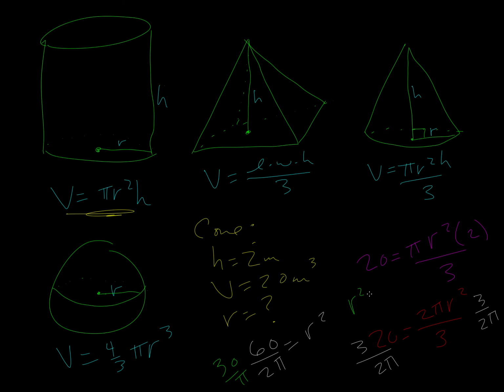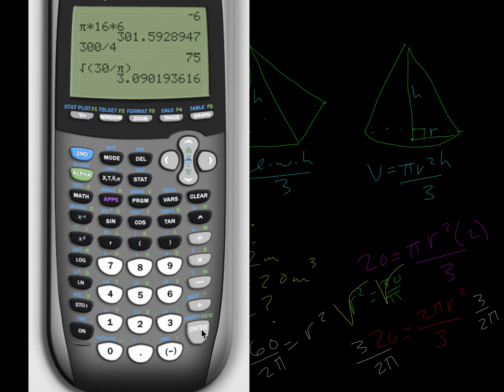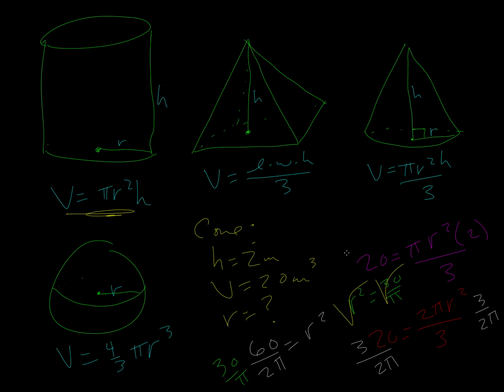So r squared is equal to 30 over pi, and then we square root both sides and put that into our calculator. The square root of 30 divided by pi is 3.09. And since it's radius, the units are just meters.